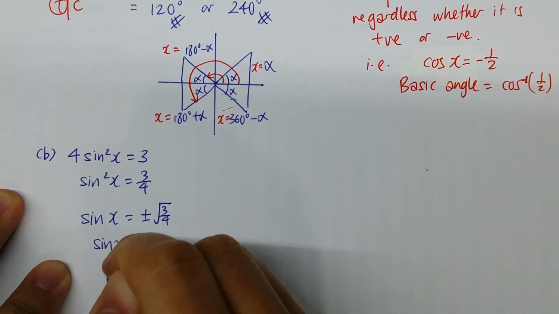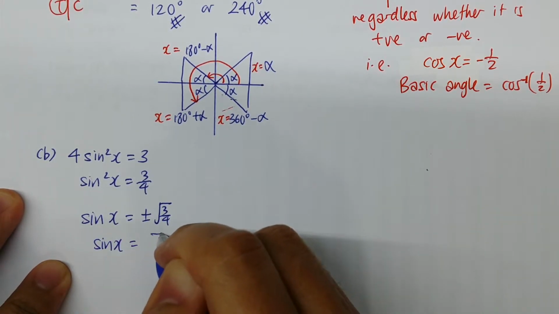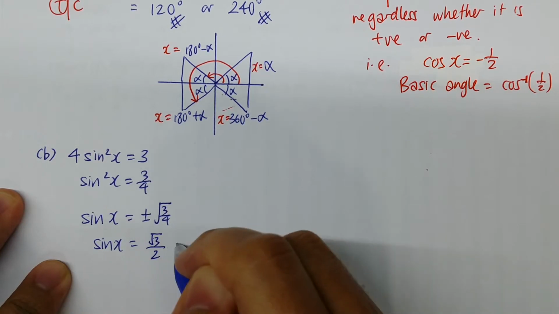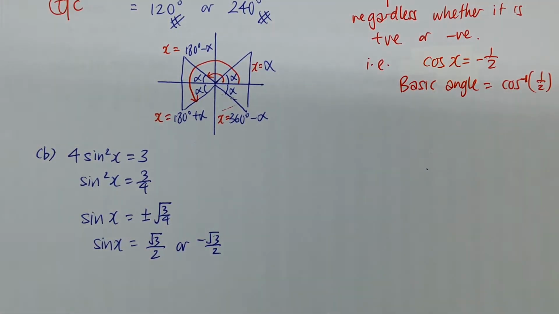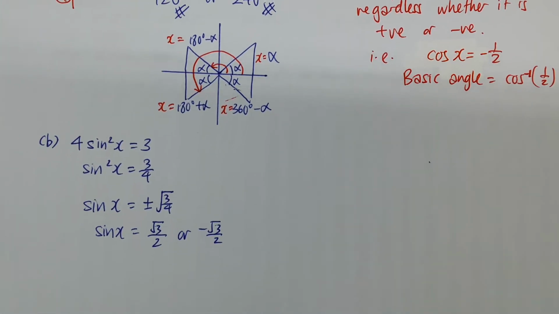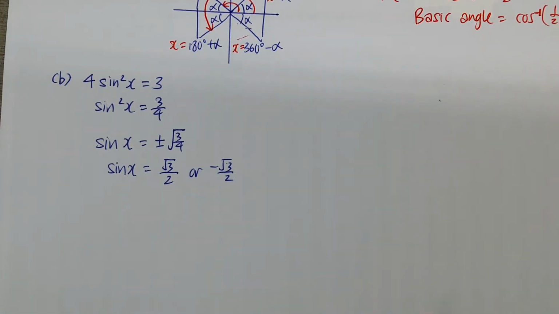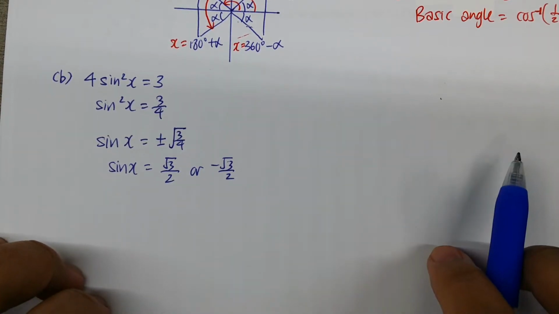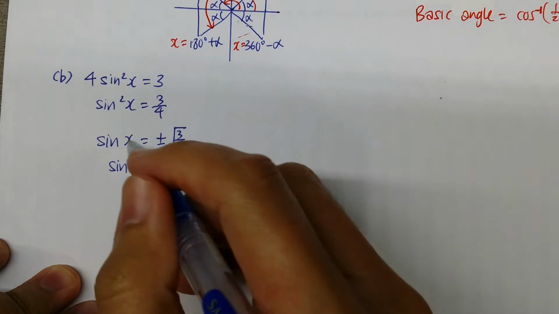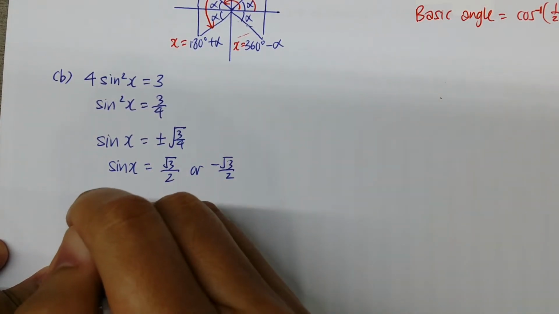Oh, for this case, sine x will be positive square root 3 over 2 or negative square root 3 over 2. Interesting question. There will be two answers, I mean, two answers for sine x. How many answers for x? Later you'll find out.